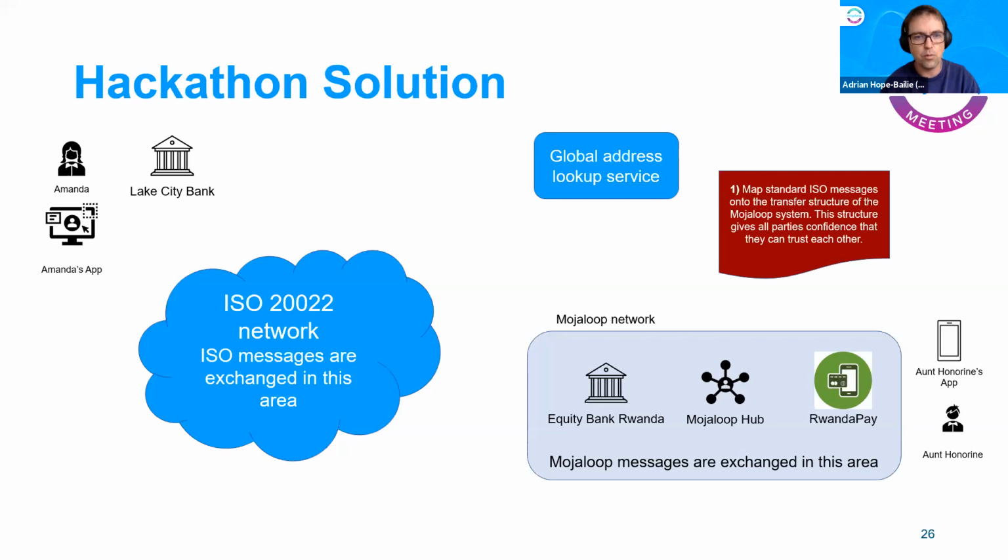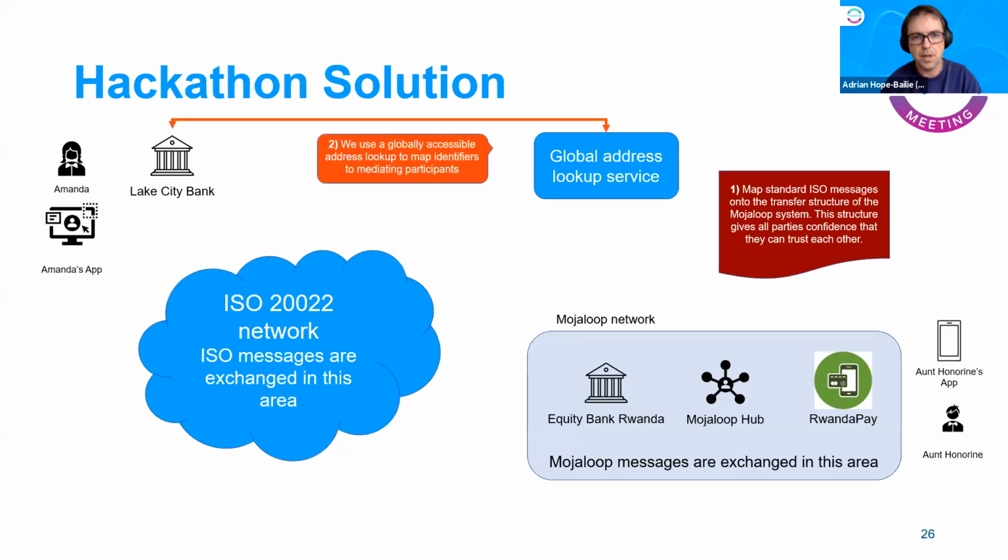And what we introduced is a fictitious service that doesn't exist today, but one that I think is going to be an essential part in the long term of cross-border mobile money, a global address lookup service. So the Lake City Bank will take Aunt Honorine's internationally, universally unique identifier, look up how money is able to be sent to her, and get a response back from there.